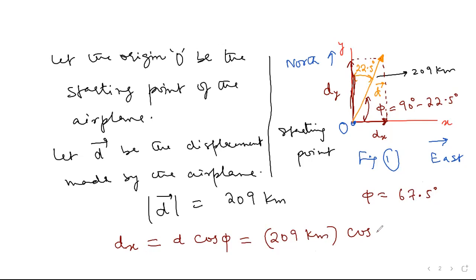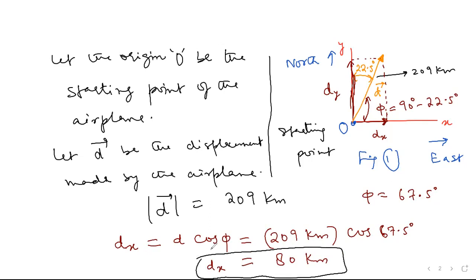So let us put the value for phi, cos of 67.5 degrees. When you put the numbers, it turns out to be 80 kilometers. So this is my dx, d cos phi, 209 km times cosine of 67.5. When you solve it, it is 80 kilometers.